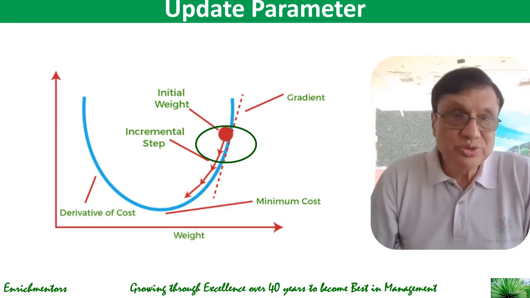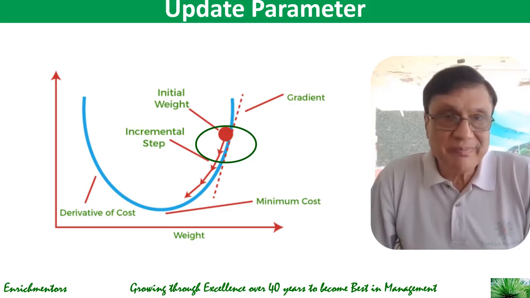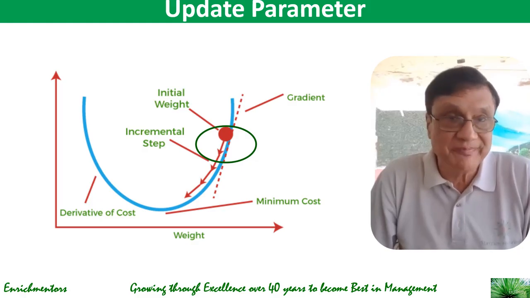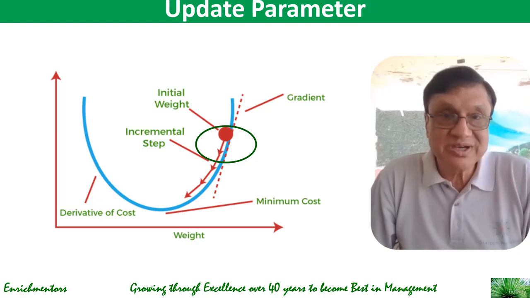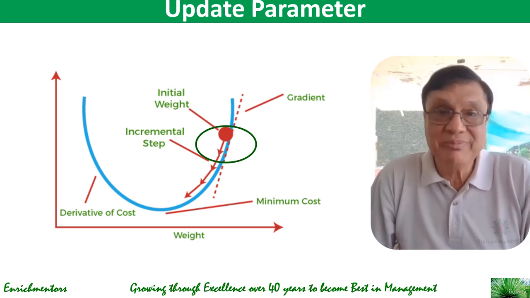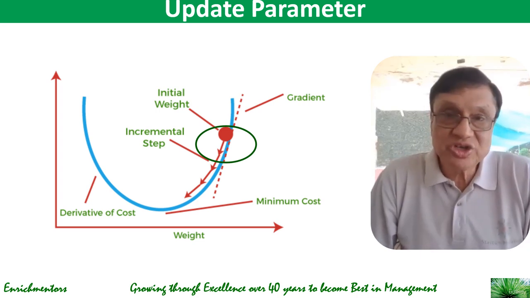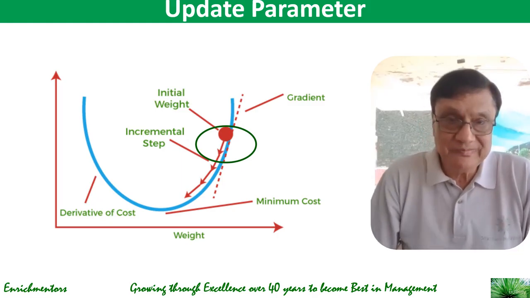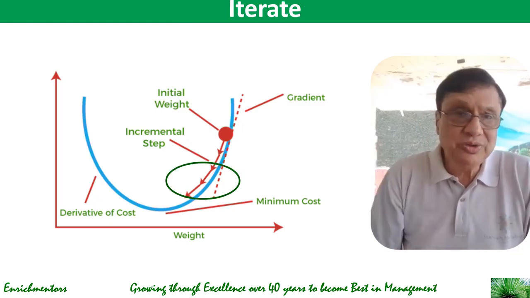Then you update the parameters of the model by taking a small step in the direction opposite to the gradient. The size of the step is determined by the learning rate hyperparameter. That's where you set this learning rate hyperparameter, which controls the rate at which the parameters are updated. Right? Then you iterate.